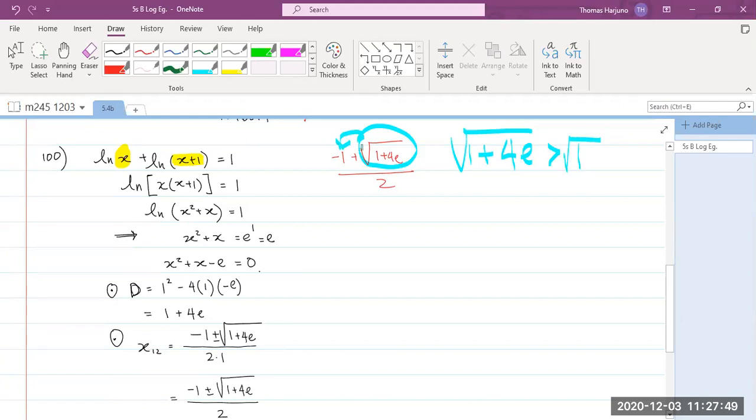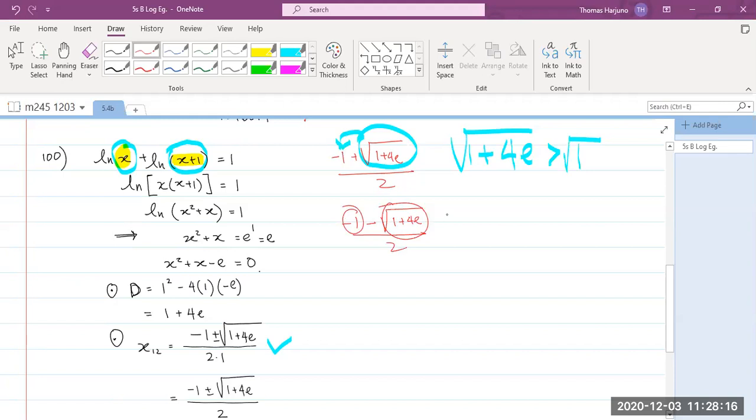Of course, you can just use a calculator to compute this also. Once x is positive, it is fine here. And when you add 1, a positive number plus 1 will still be positive. So I will accept this solution. We have a problem with the second solution though. Negative 1 minus square root of 1 plus 4e over 2 is negative minus something, so it stays negative.